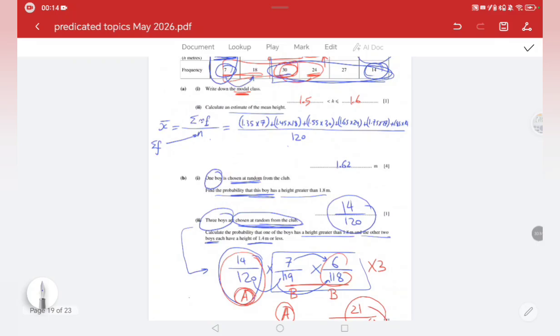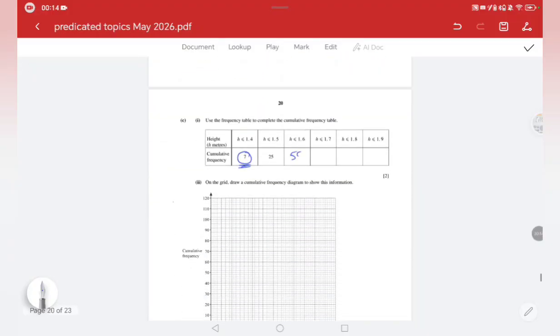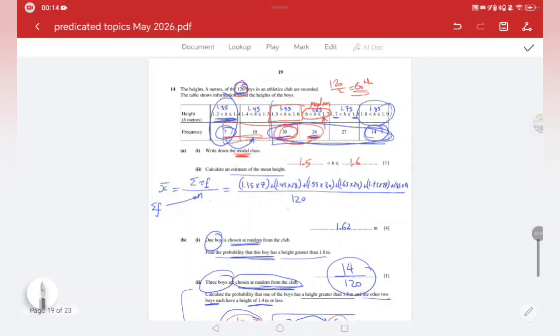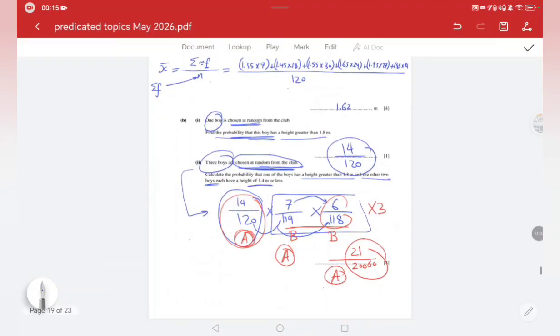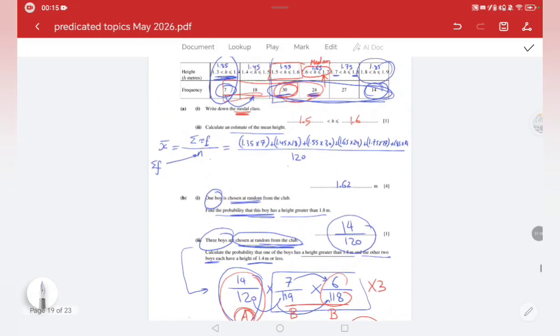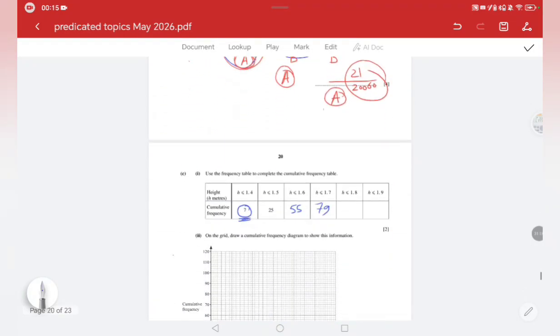Then 25 plus 30, which is 55. 55 plus next one, 24, so it will be 79. 79 plus next one, 27, so it's 106. 106 plus next one, which was 14, so this one is 120. The last one is usually n, to check your answer.